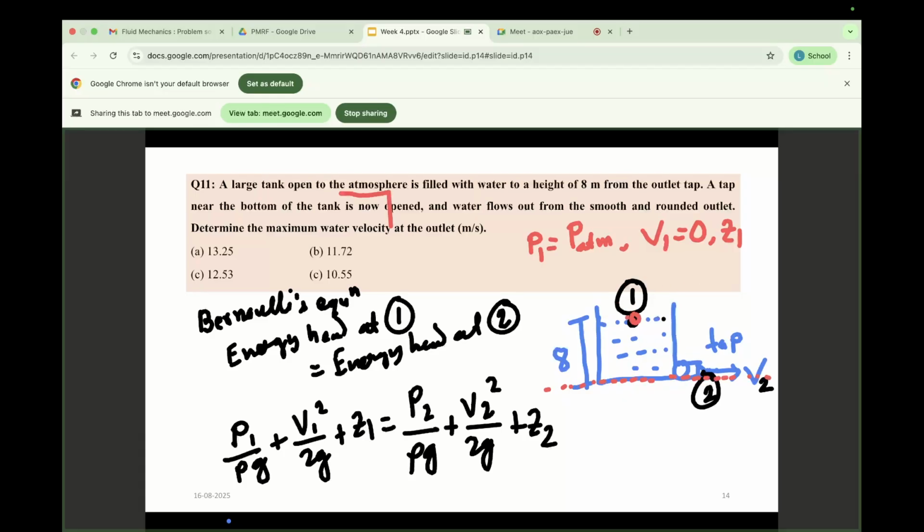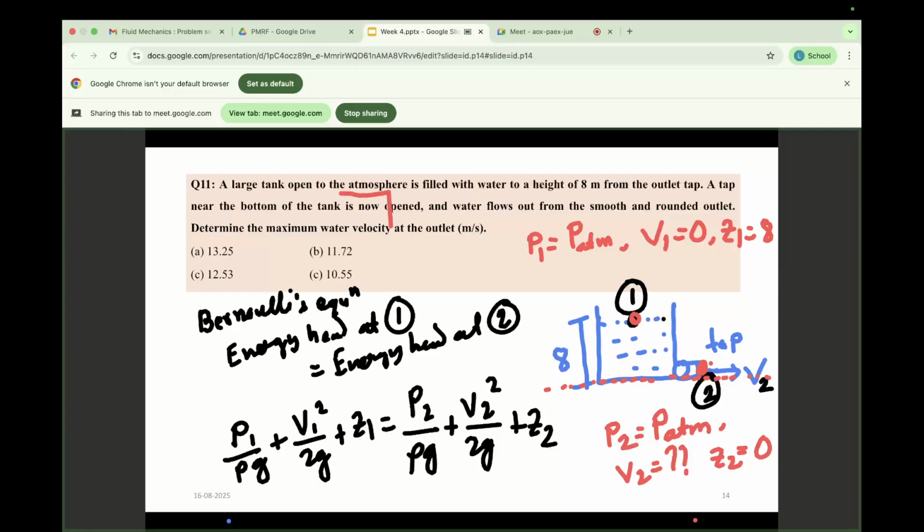So Z1 equals 8 from the ground. Similarly, point 2 is also exposed to atmosphere, right? Because the tap is open. So the pressure at this point is equal. And you are asked to find V2. What about Z2? Z2 is this red line, the datum line. There is no distance, so Z2 is equal to 0.